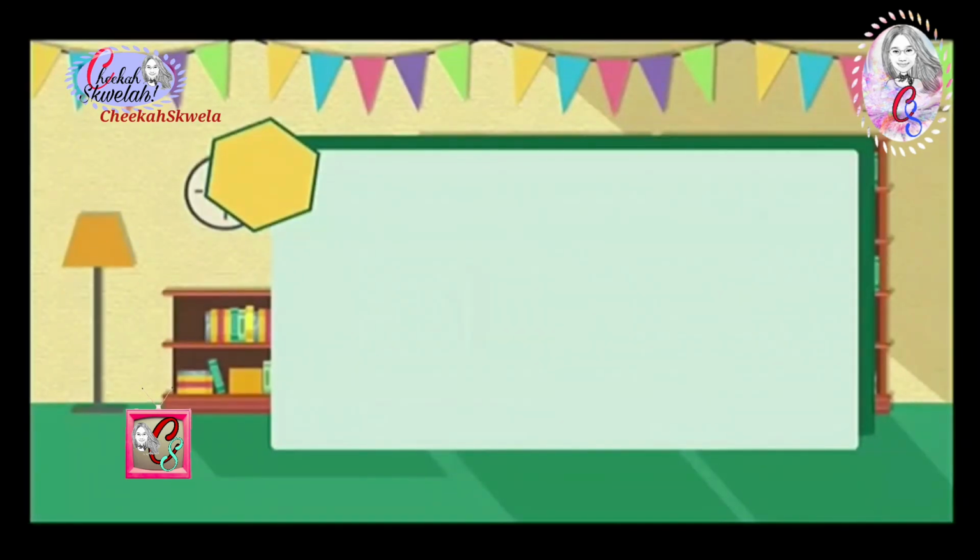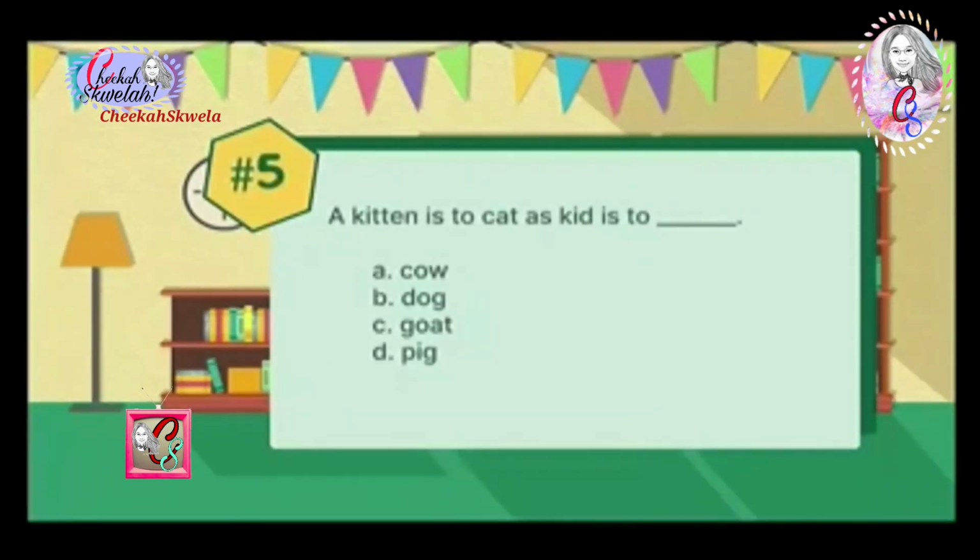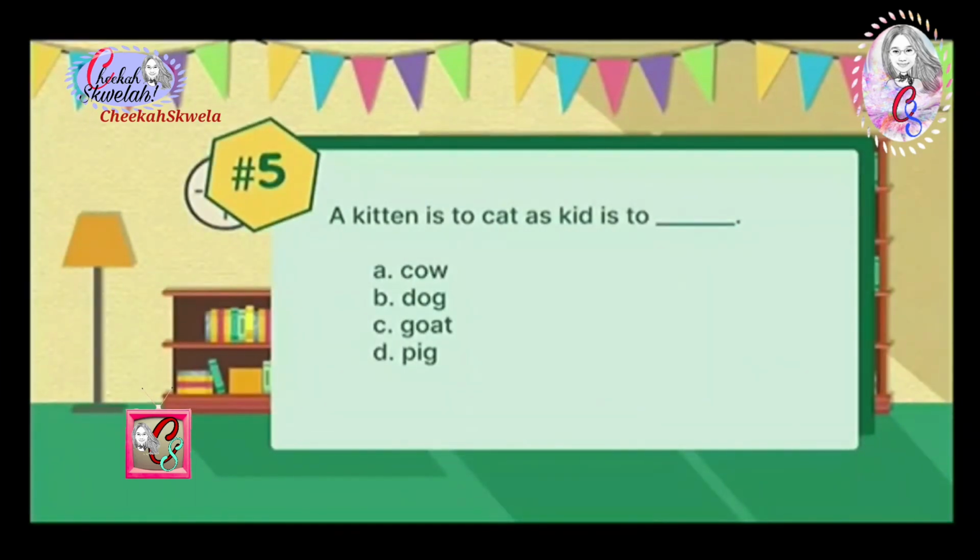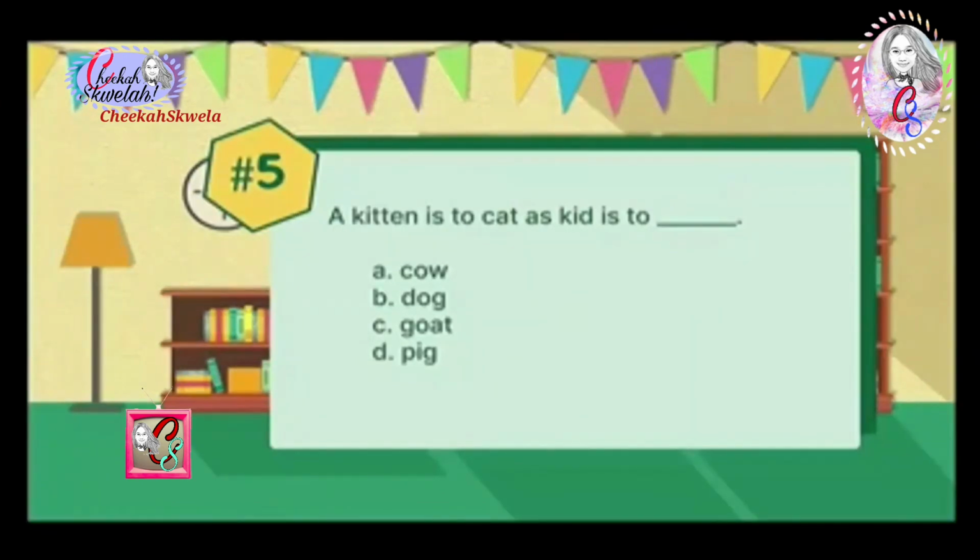And for the last item, number 5. A kitten is to cat as kid is to blank. Is it letter A, cow? Letter B, dog? Letter C, goat? Letter D, pig?